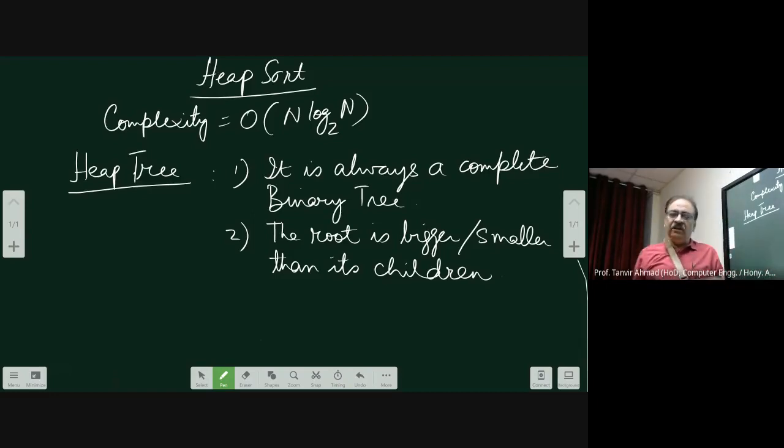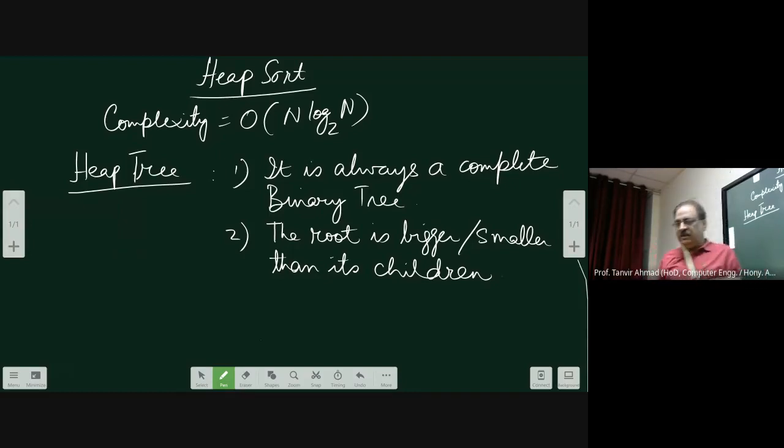Therefore, all the nodes will be put into an array in a continuous manner, and you have been told that the left child is always put at 2 into I, and the right child is put at 2 into I plus 1, where I is the index of the parent.